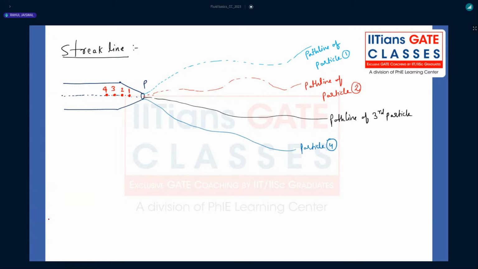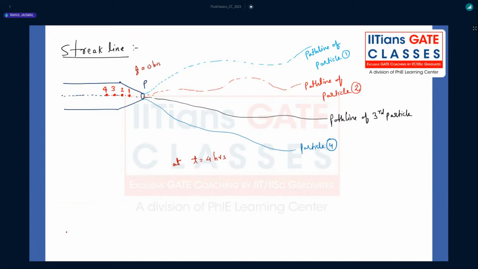Now, individual fluid particle paths we have drawn very carefully. Now try to understand: if I ask you what is the location of the fluid particle at time t equal to 4 hours? Initially I injected at time t equal to 0 hours, the reference time on the watch is 0.